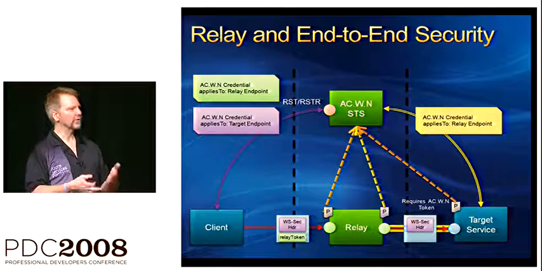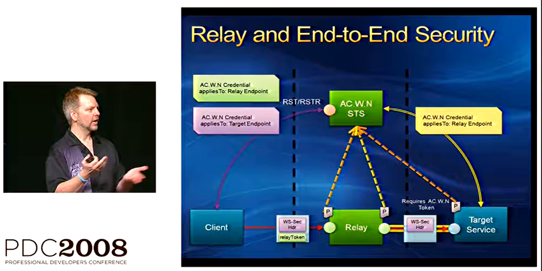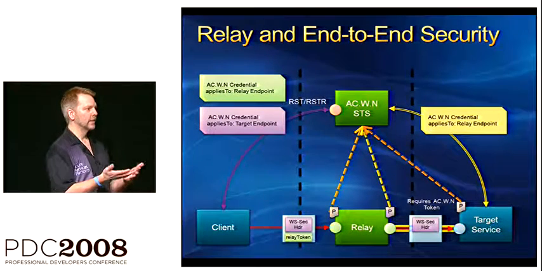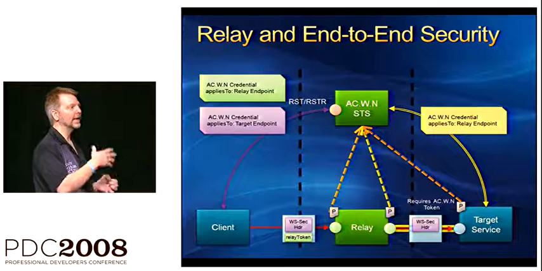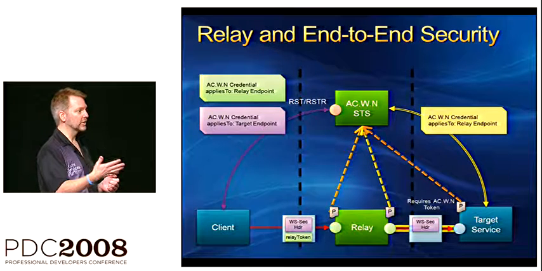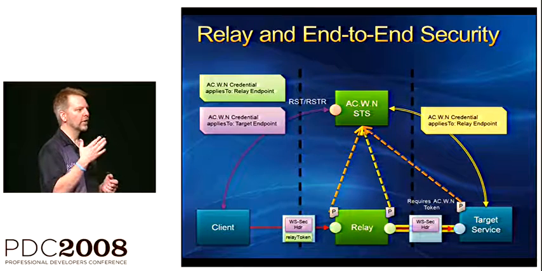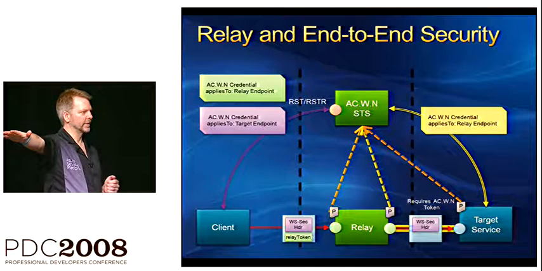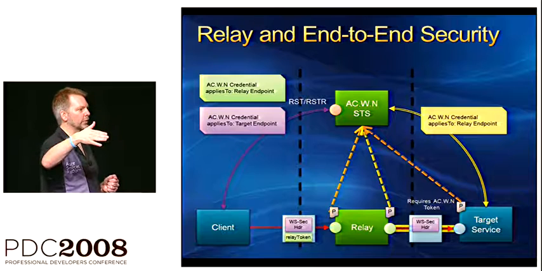Yeah, so the question is, what identities are supported in the access control service? Well, we use an open model where anybody who supports some industry standard protocols works. In particular, the protocol that almost every directory product out in the world supports is the WS-Trust protocols.